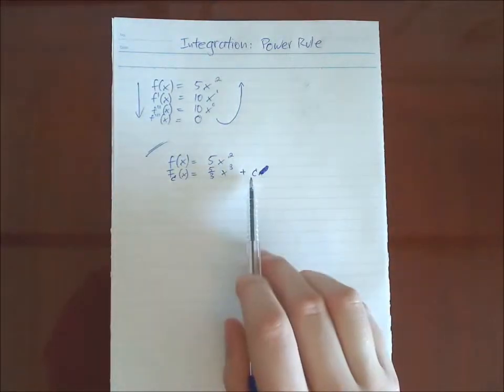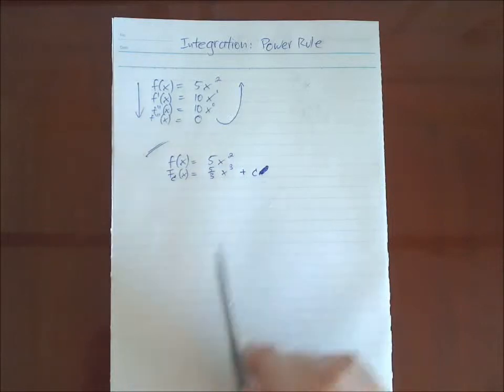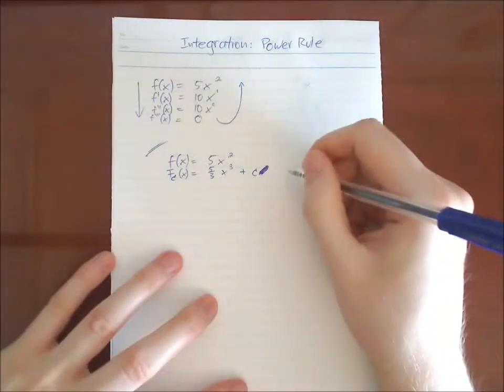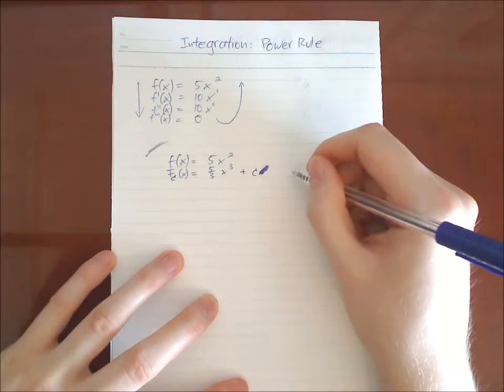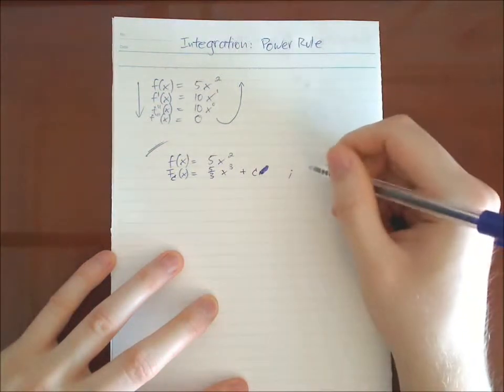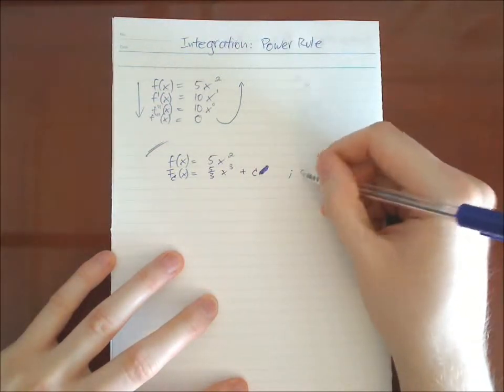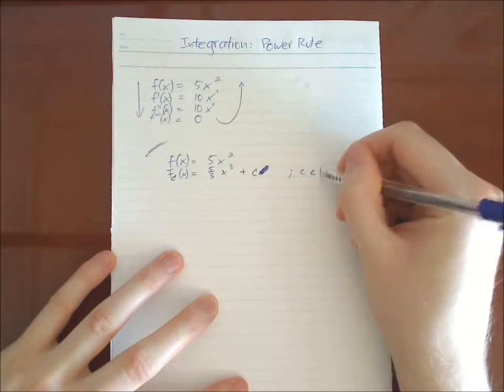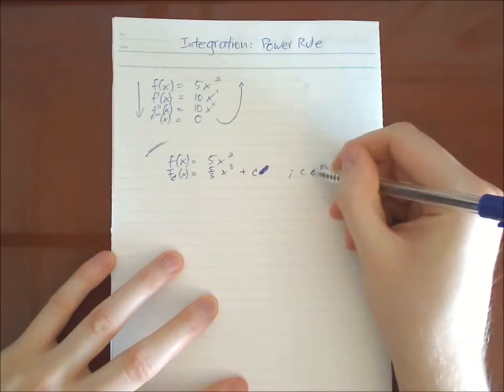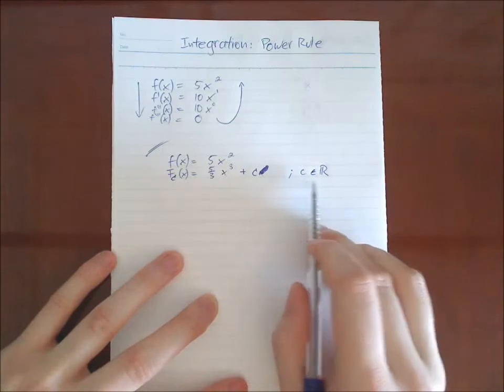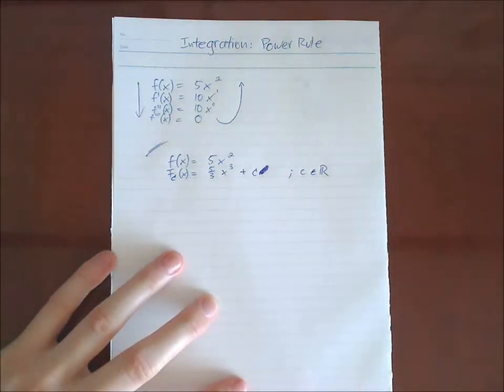So with the C we always indicate, okay, we know there might be some constant, but we don't really know what it is because we lack this information. So we can also write something like this at the end, so we know the C is an element of the real numbers.